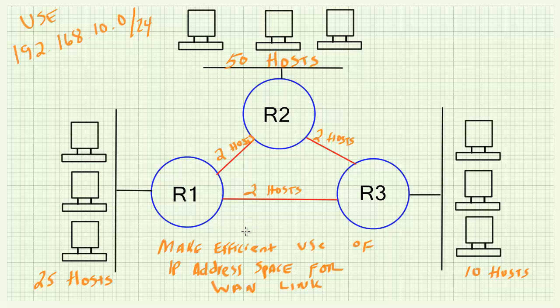So there are the requirements for the 6 networks that we need to accommodate out of this 192.168.10.0/24 address space. 50 hosts at location 2, 25 hosts at location 1, 10 hosts at location 3, and then 2 hosts for each of the 3 WAN links that tie all of the locations together.